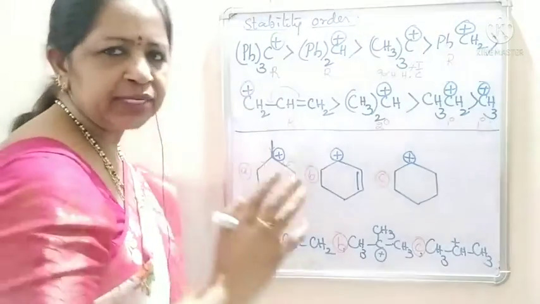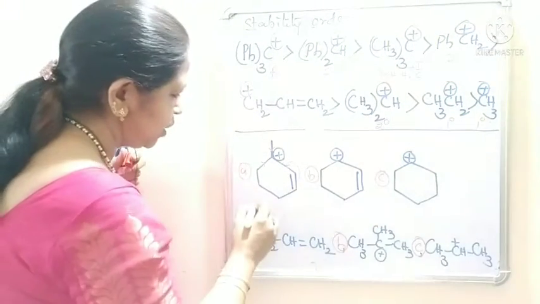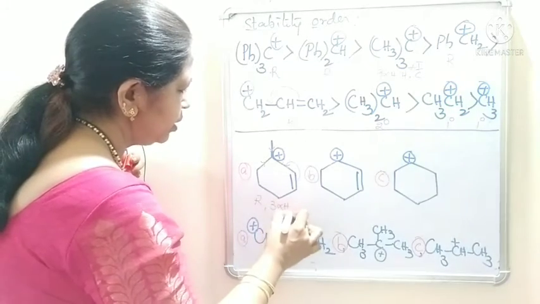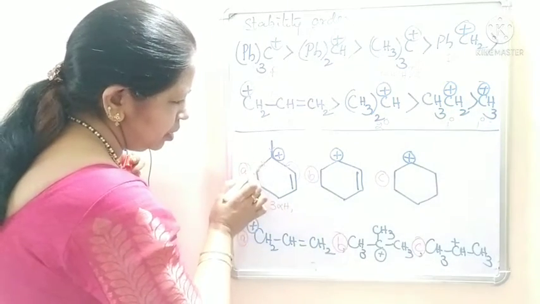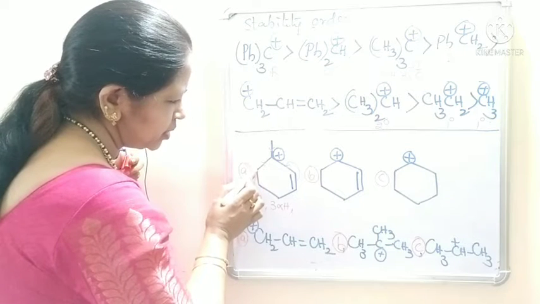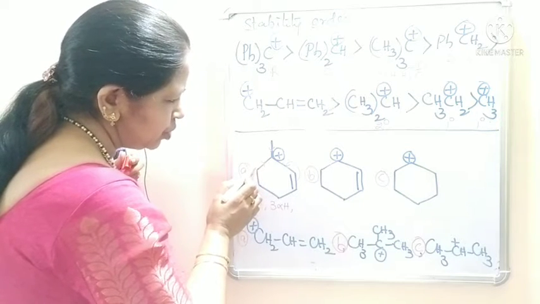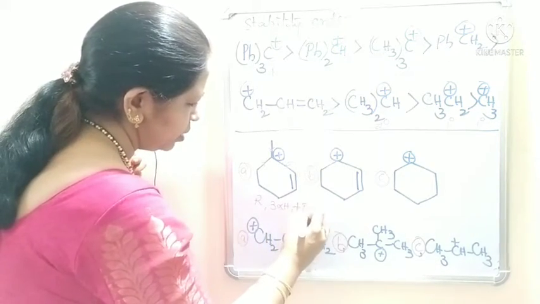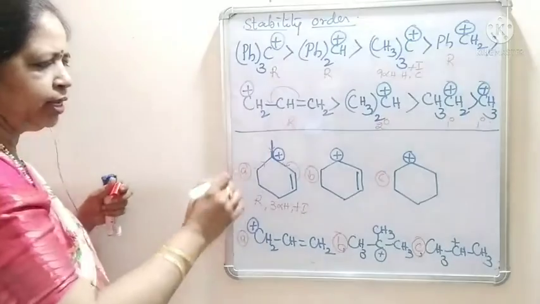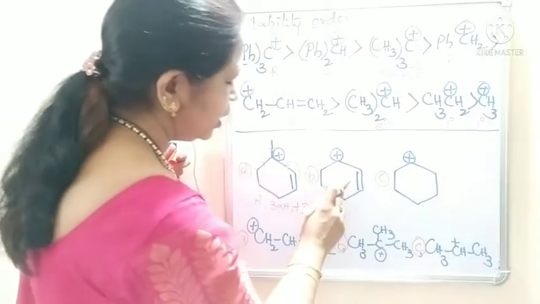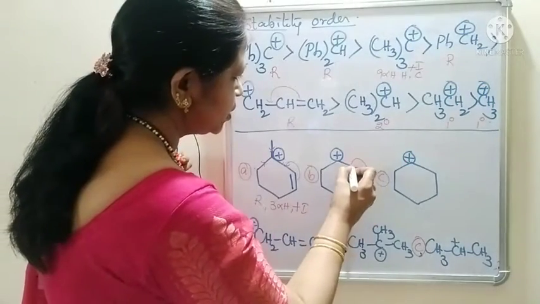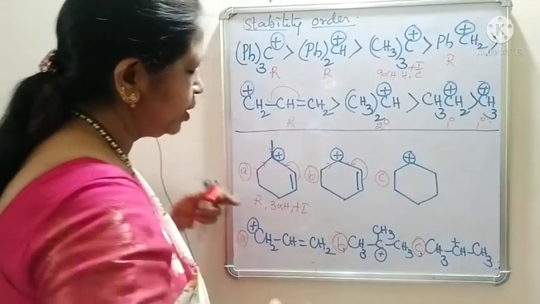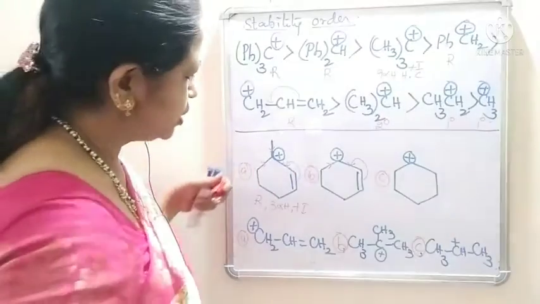So 3 effects are operating in the first structure: resonance, 3 alpha hydrogens, and the inductive effect caused by the adjacent CH2 group and also the methyl group, plus I effect. All the 3 are operating in this structure, and in the second one the resonance effect is operating and 1 plus I effect and 2 alpha hydrogens.